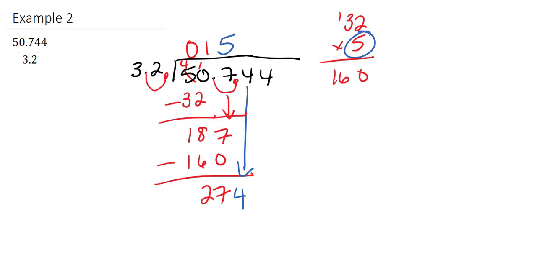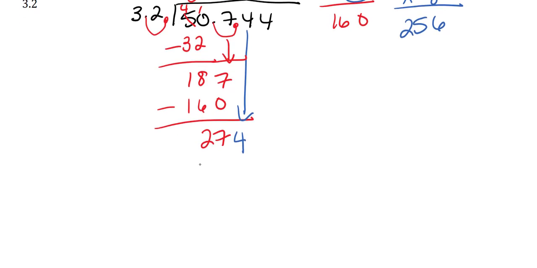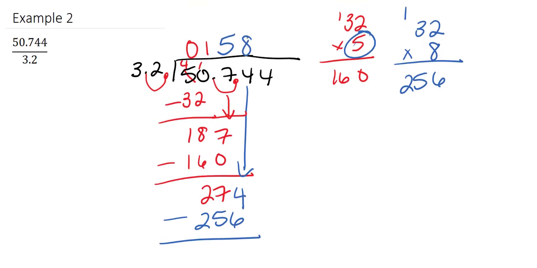So 32 can go into 274 how many times? Another 60 would get us around to 220, because that'd be 32 times 7, so around 220. So let's go 8 and see where that is. 2 times 8 is 16, carry the 1, that's 256. Now we subtract, and we put an 8 there.